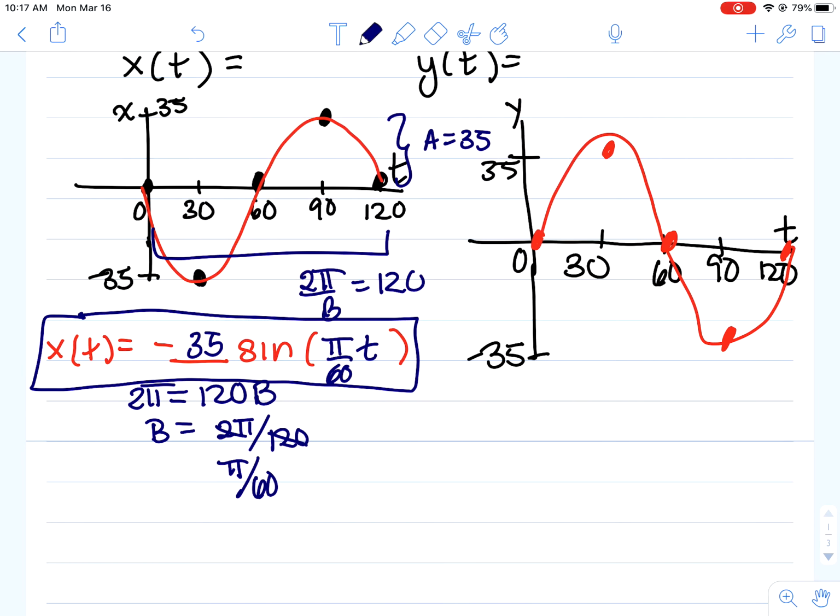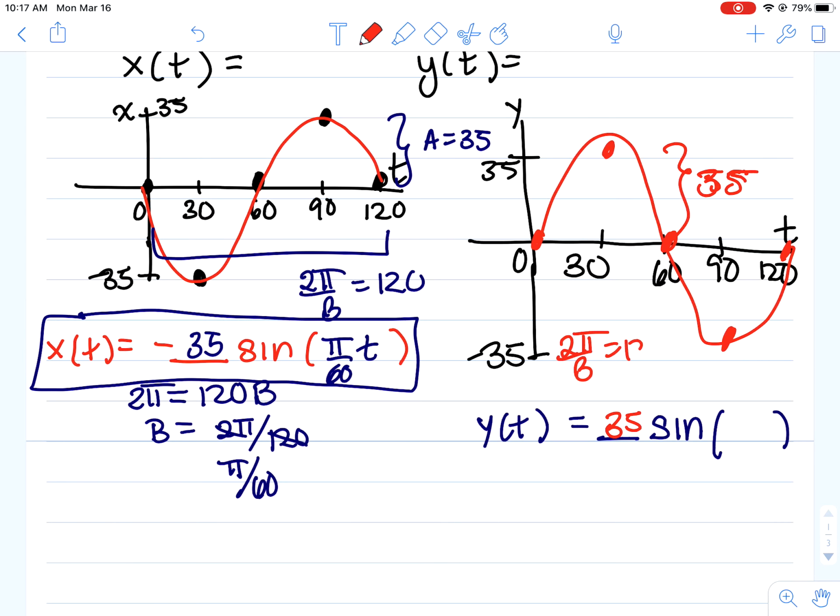So our y of t is then some sort of sine function with input t. Our amplitude is 35. That's our max. And the period, 2 pi over b, we get pi over 60.